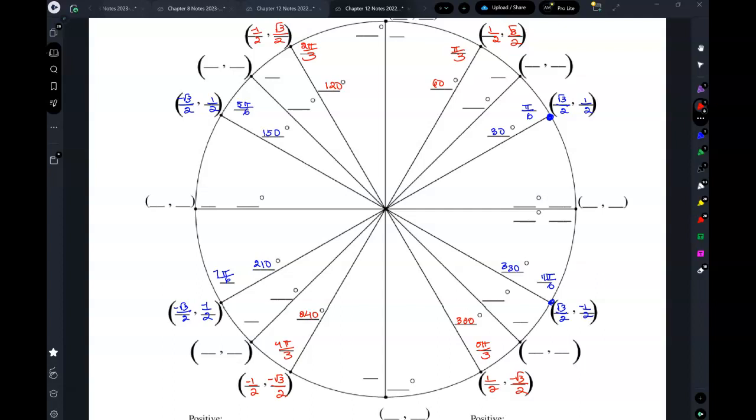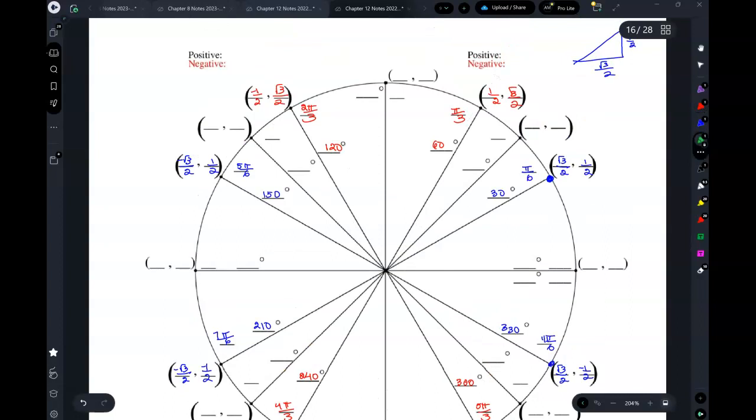Okay? All right. So why don't we do the π/4s? So 45 degrees. For the π/4s, I go horizontally and vertically the same exact amount. So √2/2, √2/2. 5π/4, which is 135 degrees.